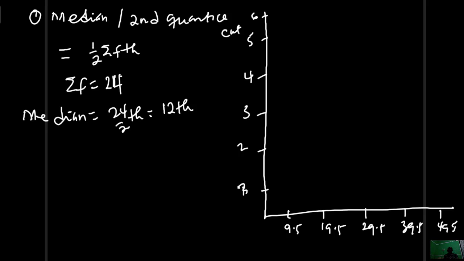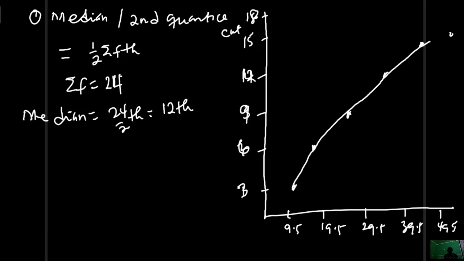Let's say here is 3, 6, 9. Here will give us 12, then 15, 18. Good. So let's say we have plotted our ogive this way because of cumulative, and our ogive or cumulative frequency curve is here in this sense.